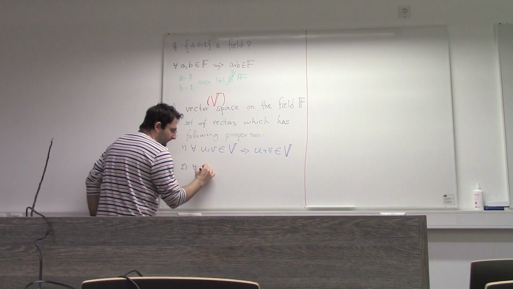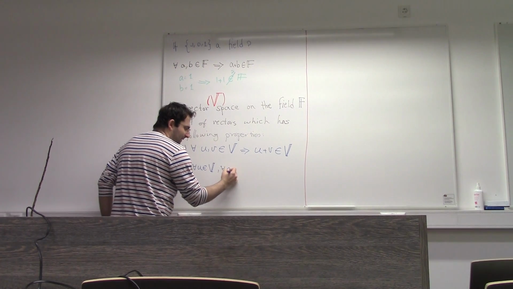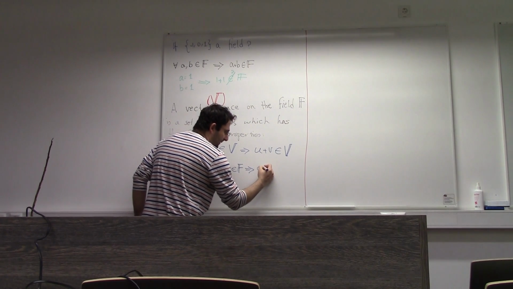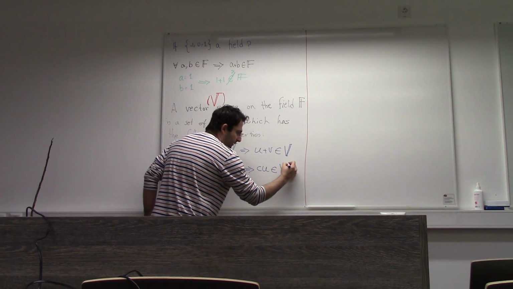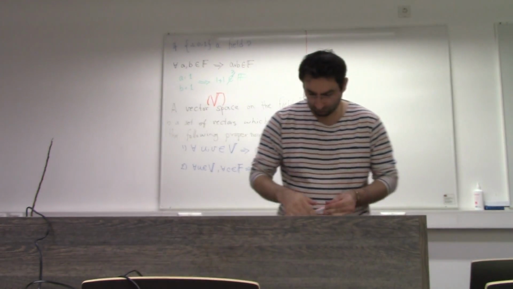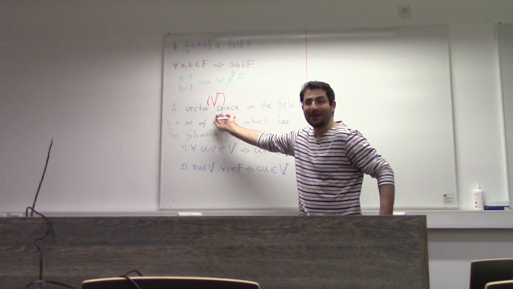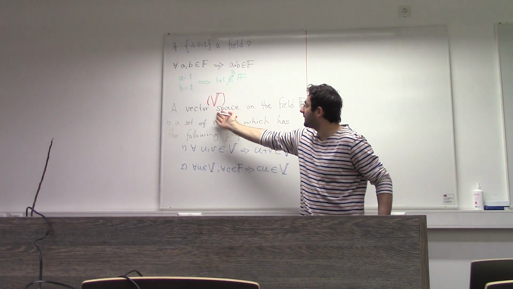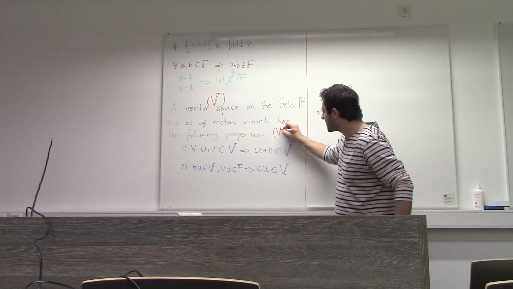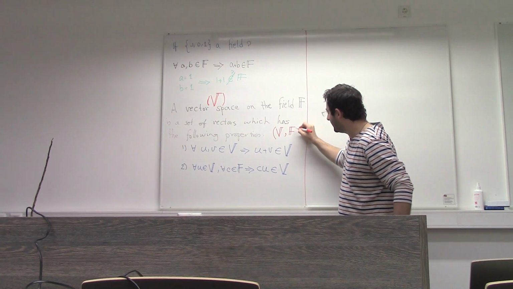For any u belonging to V and for any c belonging to F, then cu also belongs to V. And usually, friends, if the vector space is over the field F, we show it like this: the vector space and the field.